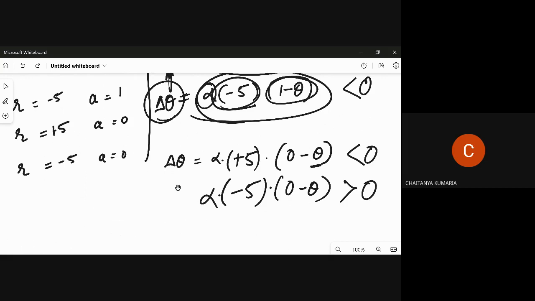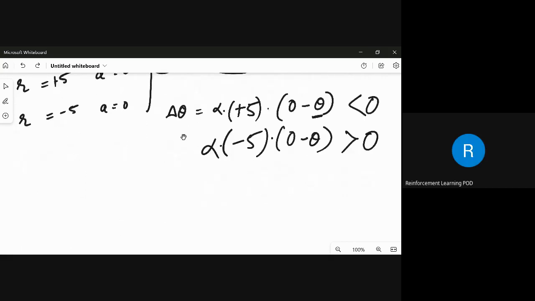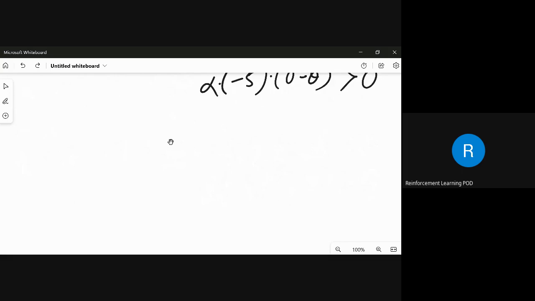Okay. Now let's take another example. Let's say we have a multi-arm bandit, and this time we don't have a binary bandit but multi-arm bandits. In that case, we represent the probabilities in softmax fashion.